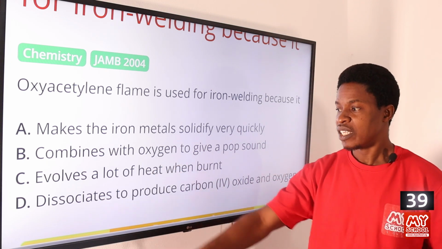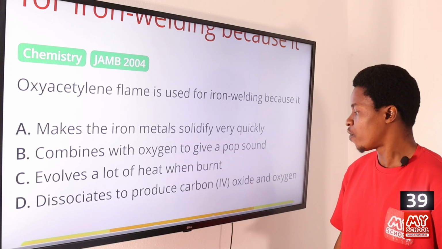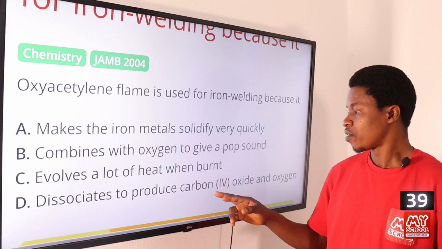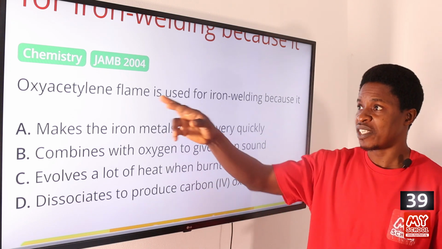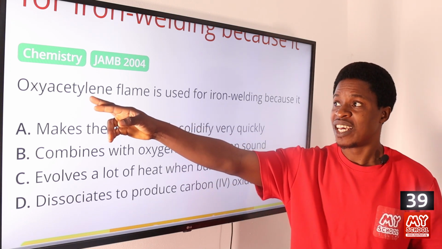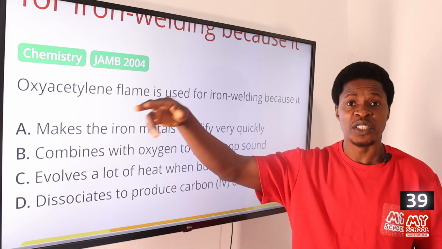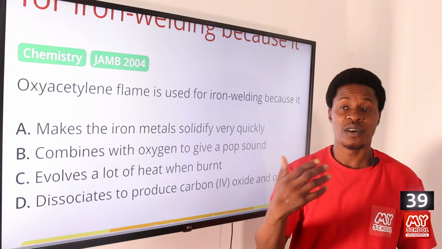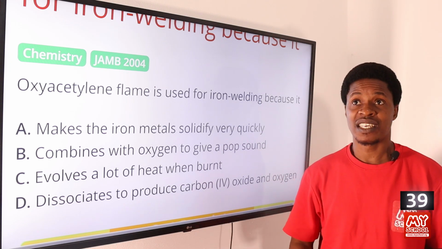Let's look at option D. Dissociates to produce carbon dioxide and oxygen. Of course, oxyacetylene does not do that. That is not what it is. What we have is calcium carbide.